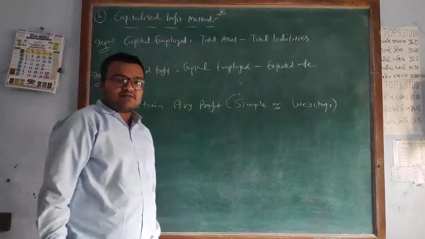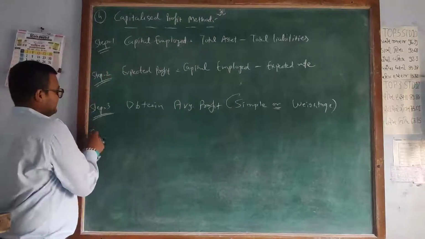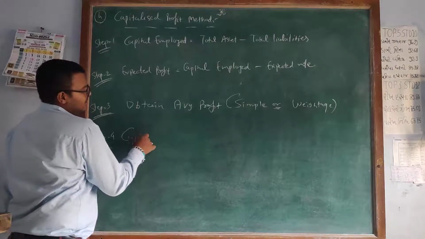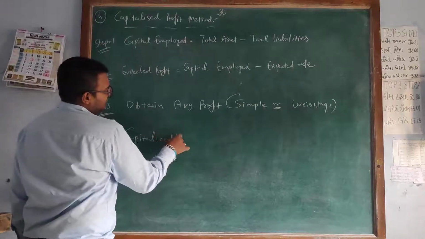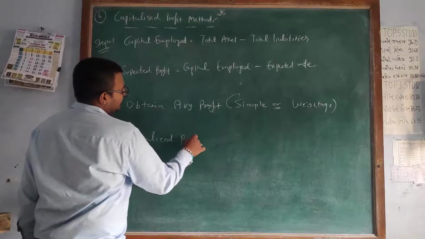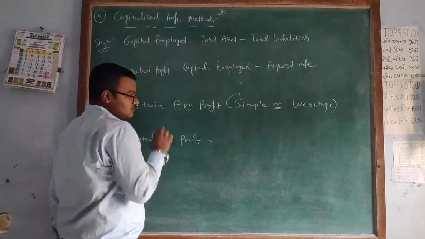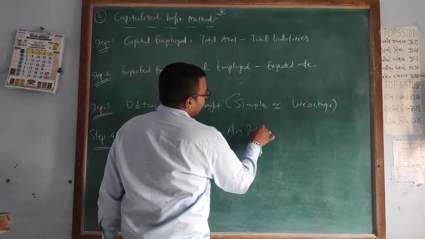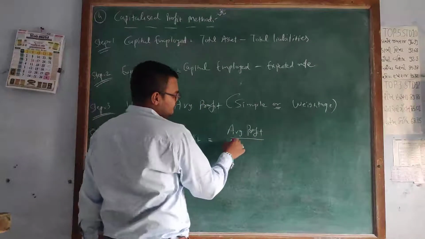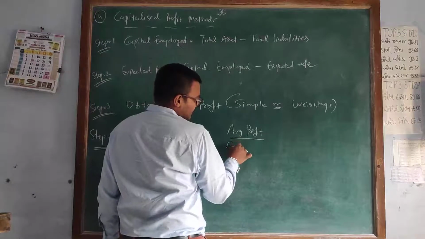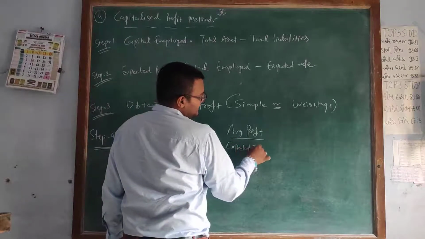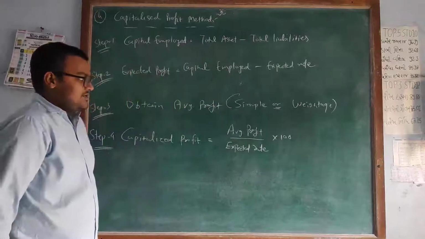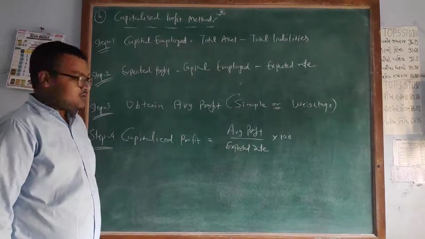Step 4, capitalized profit is equal to average profit upon expected rate into 100.